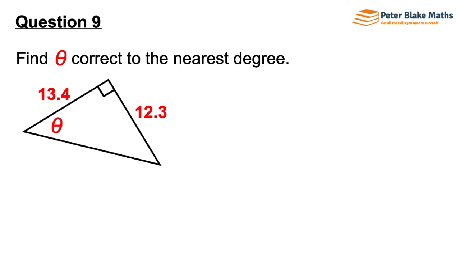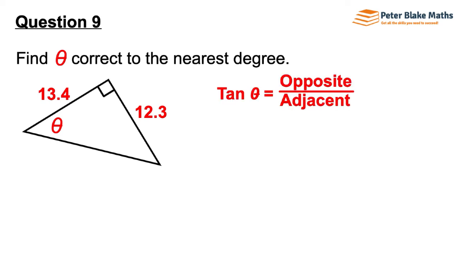So opposite and adjacent involves the tan ratio. So we'll use the tan ratio for the basis of our solution. Tan theta equals opposite over adjacent, get the order correct here. So tan theta equals 12.3, which is in the opposite position, and over 13.4, which is in the adjacent position.